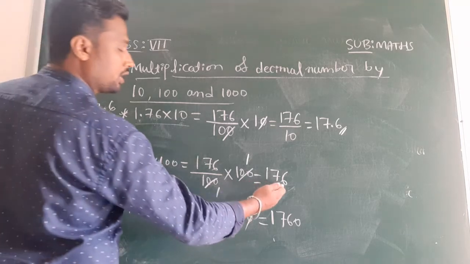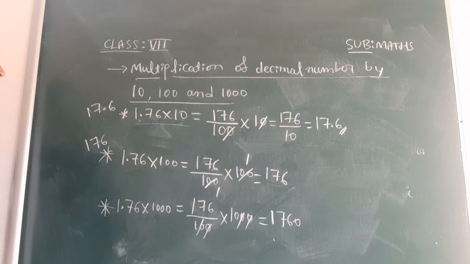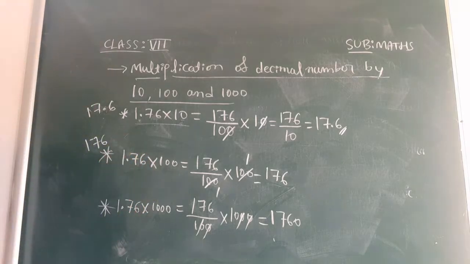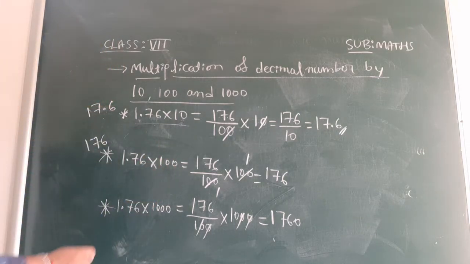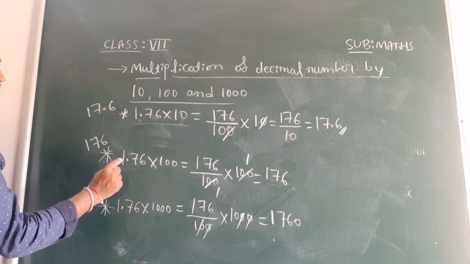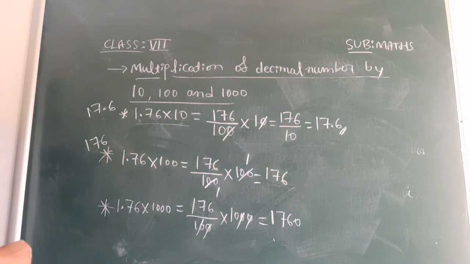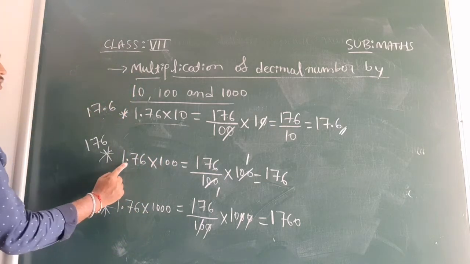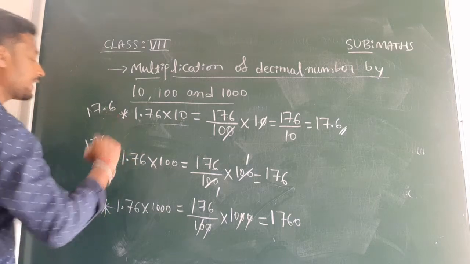Okay. Now you can see here 1.76 into 100. What is the answer we got here? 176. So the answer is 176 here. So here you can see we are multiplying this 1.76 with 100, which means in this 100 how many zeros do we have? 2 zeros. So if we have 2 zeros, then we have to move this decimal point 2 steps towards the right side. Again I will repeat, here we have 2 zeros, then we have to move this decimal point 2 steps towards the right side.